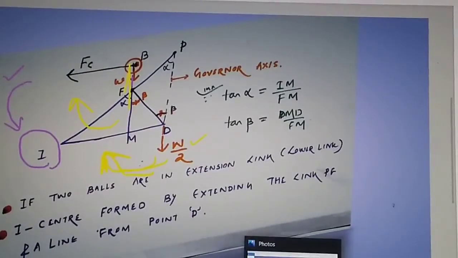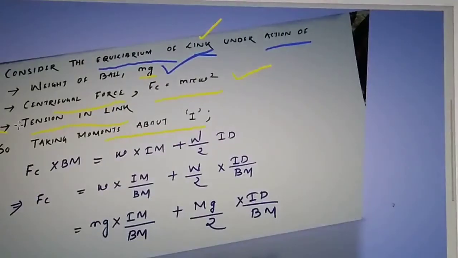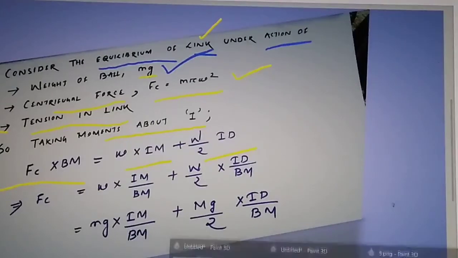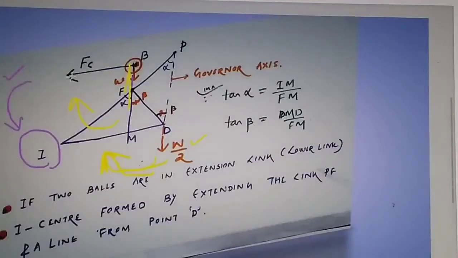If you write the equation, the anti-clockwise moment is equal to the summation of the clockwise moments. So we have to see the perpendicular distance here. This one is Fc, so the perpendicular distance is BM, Fc into BM. So Fc into BM will give this anti-clockwise couple.